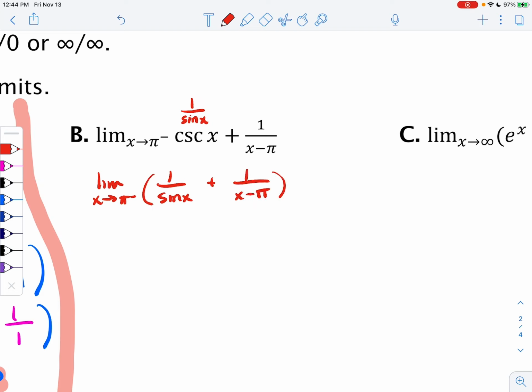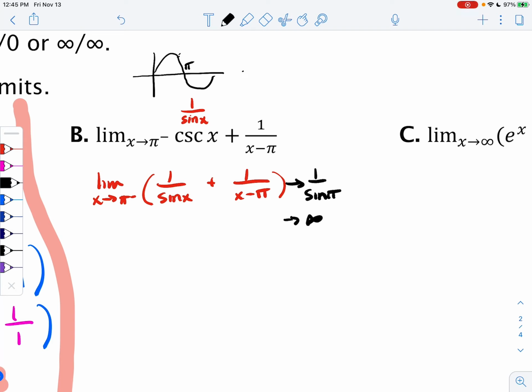Remember, sine looks like this, and we have pi here, and if we're coming from the left, we're coming from positive values. So we are going to 1 over sine pi from the positive side, so it is going to infinity.